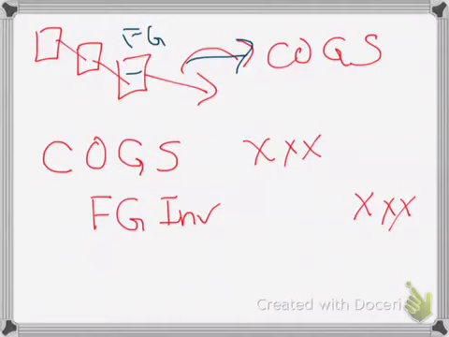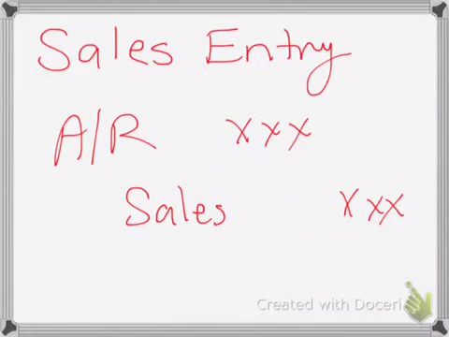So finished goods inventory would have to be the credit for this particular account. And then we have, of course, our sales entry. This is the same sales entry that we have been doing since Chapter 6 in Accounting 101, where we have accounts receivable as our debit, and sales as our credit account.